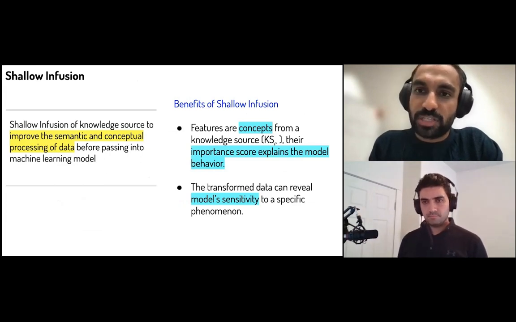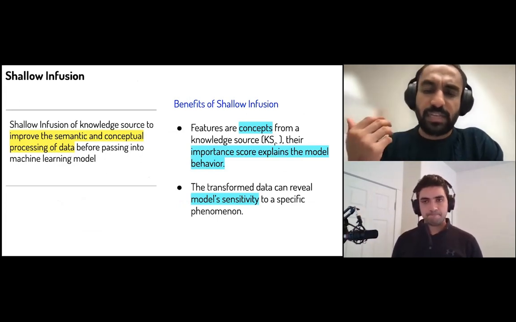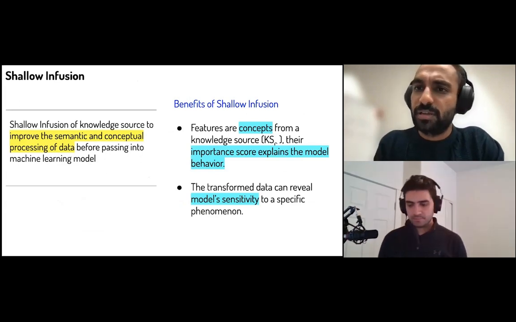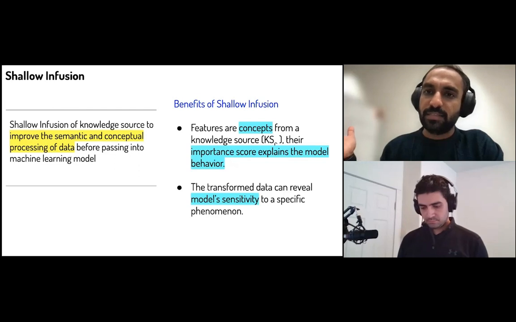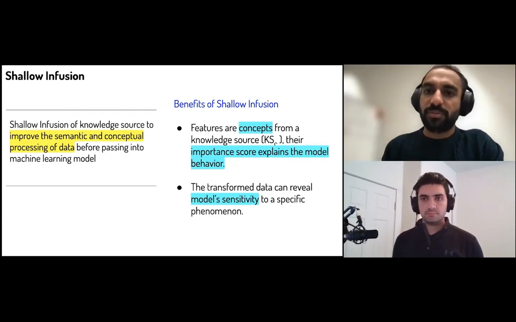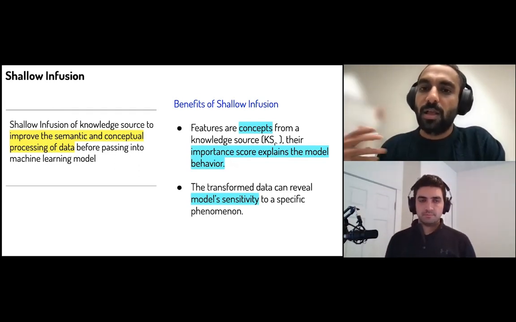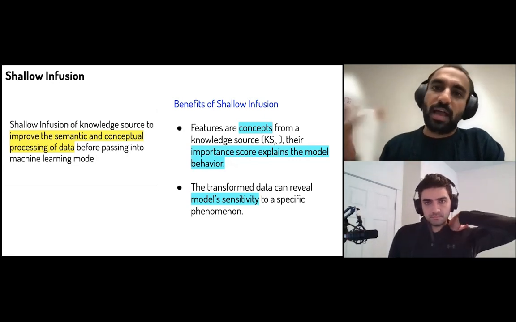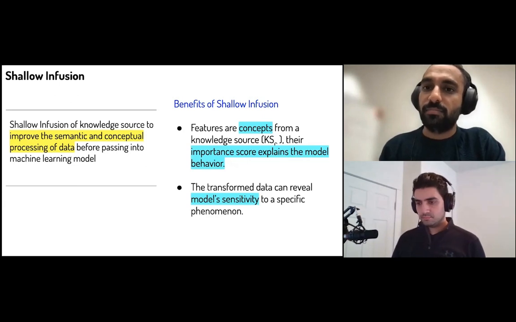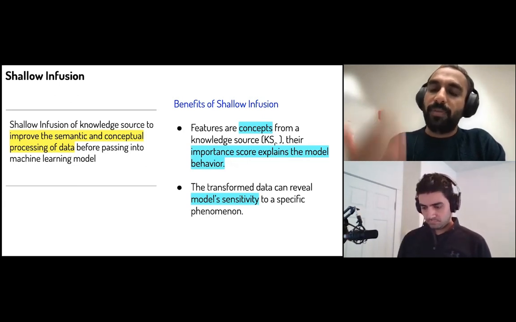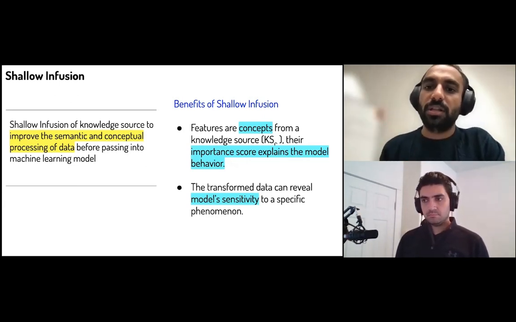whatever the features are, for example, let's say take an example of TF-IDF, right? A bag of words, right? Bag of words means taking all the words in the text which are unique, and those form the features for your classification. What if I take a bag of words model, identify all the unique words in the data set, and I replace those words with the concepts in a knowledge source.